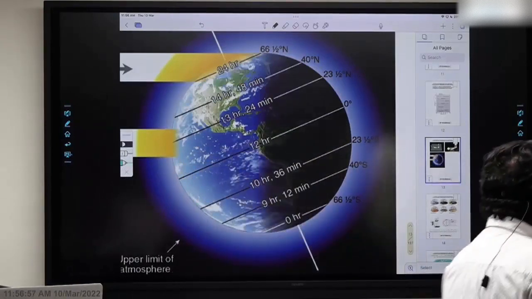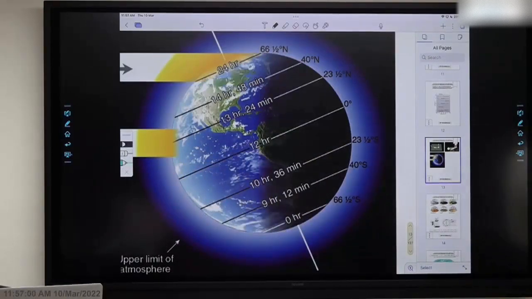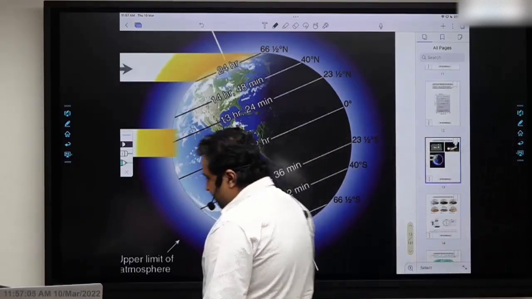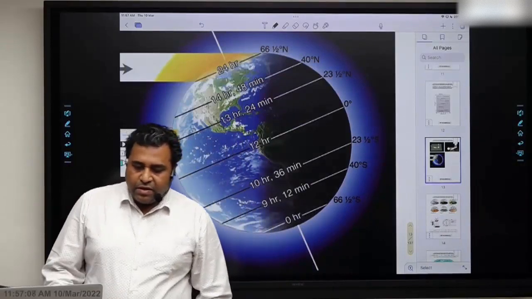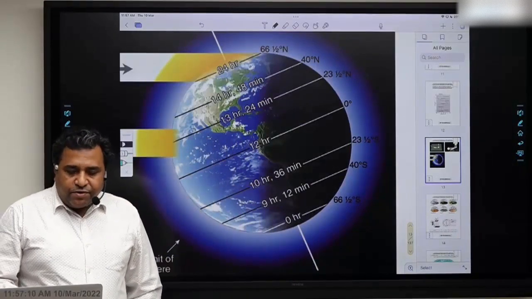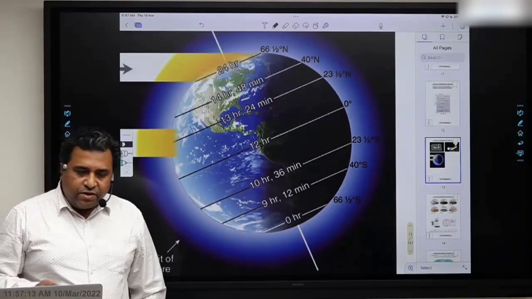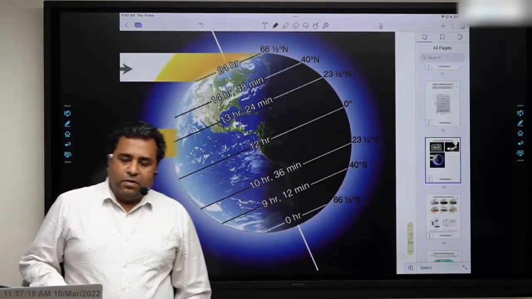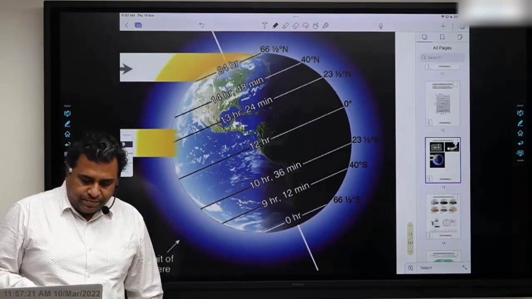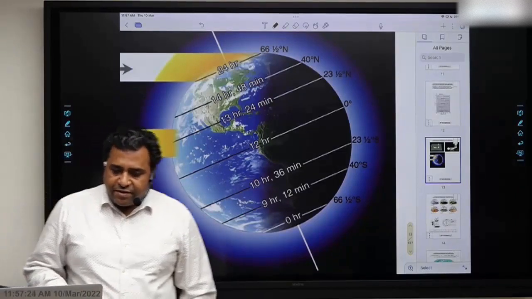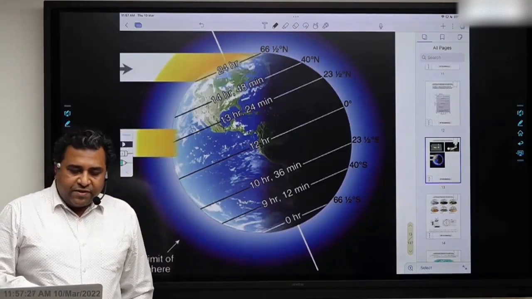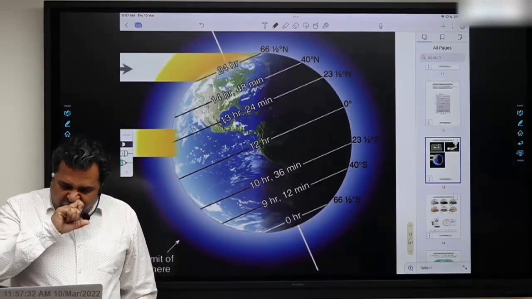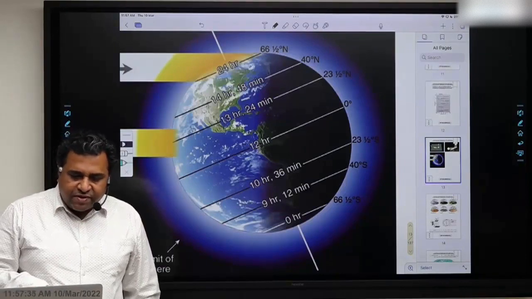So we write this. Rotation on a tilted axis varies the duration of sunlight at different latitudes at different times of the year in both the hemispheres.